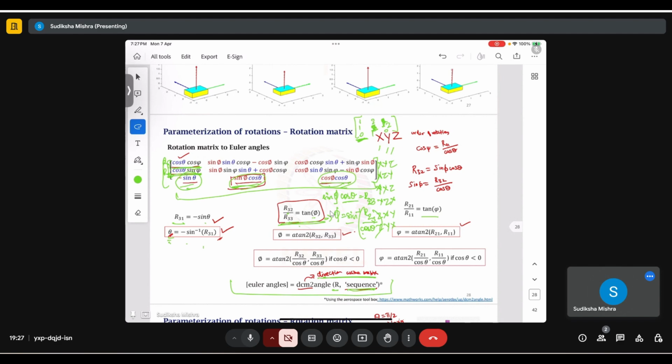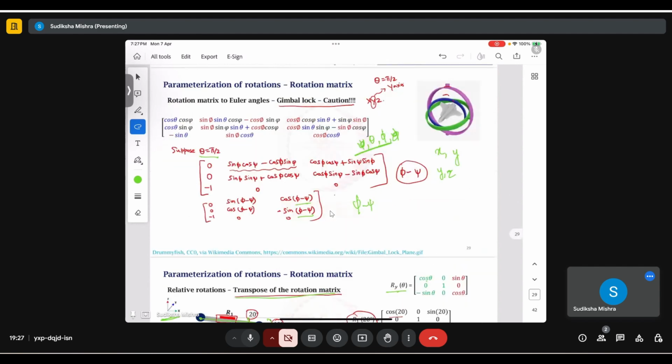So it can be xyz, xzy, yzx, zxy, or zyx.